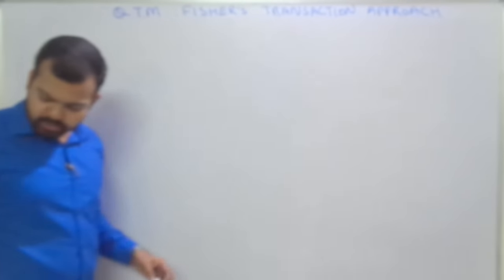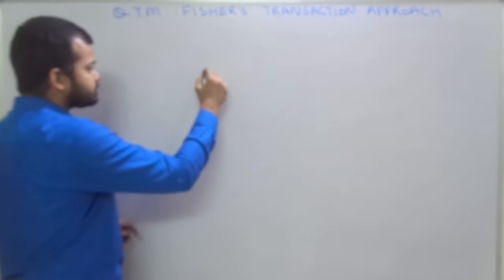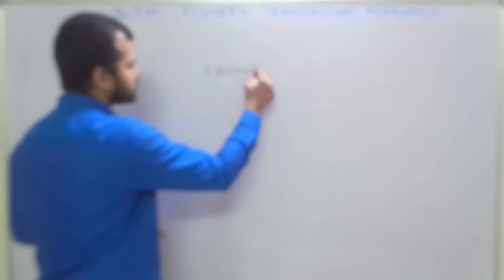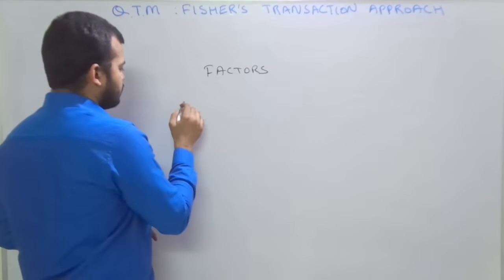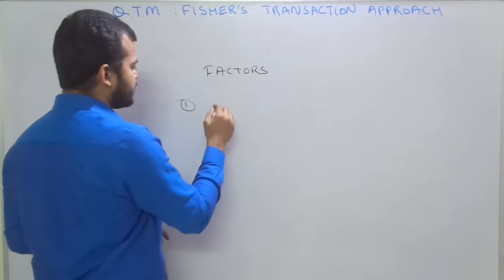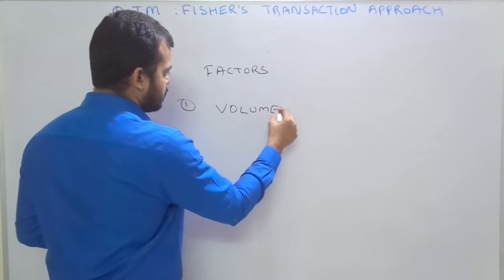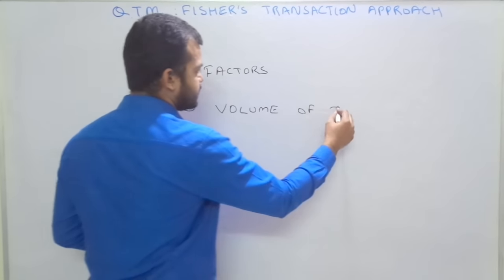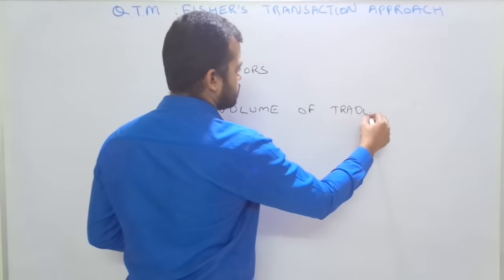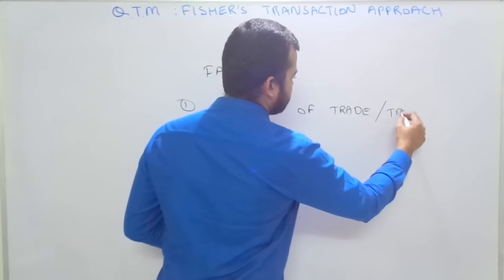According to him, there are n number of factors determining this, but we'll discuss the three most important factors here. First one, volume of trade, or we can say volume of transactions.